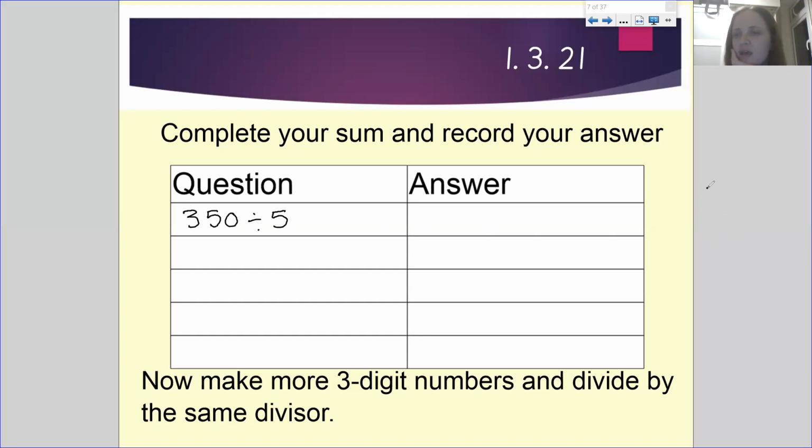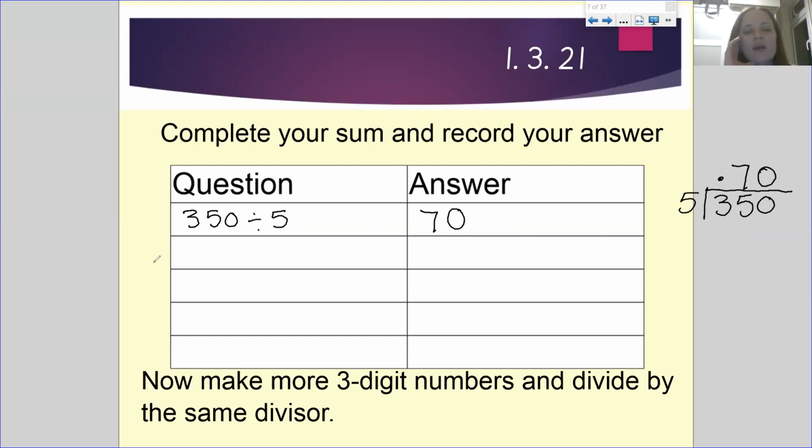I'm going to use my bus stop method. 350 divided by 5. 5 can't go into 3, but it can go into 35. It goes 7 times. And then I've got a 0 here, so I just put my 0 here. And the answer is 70.